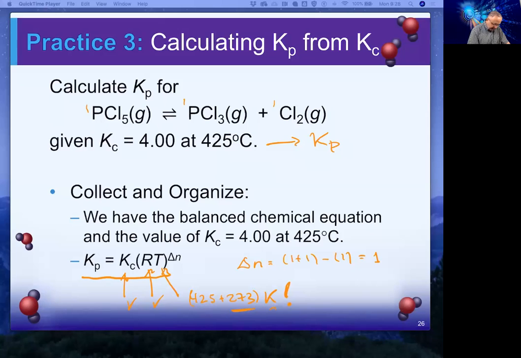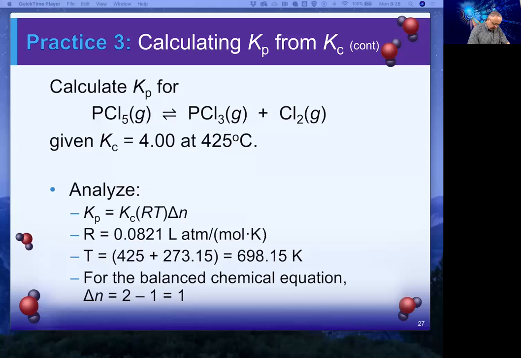So if delta n is equal to 1, then Kp is going to be Kc times RT to the power of 1, so times RT. Here's the gas constant, here's the temperature in Kelvin, and here's the calculation of the delta n.